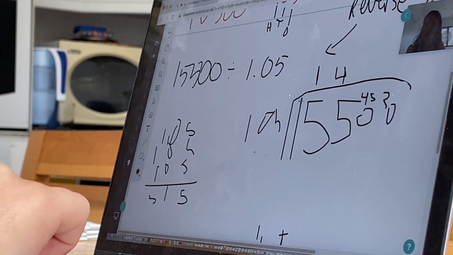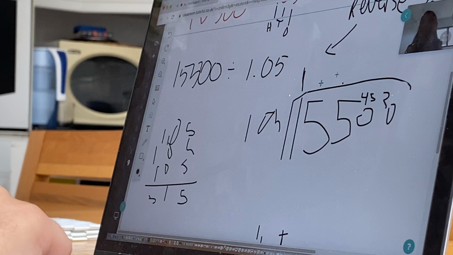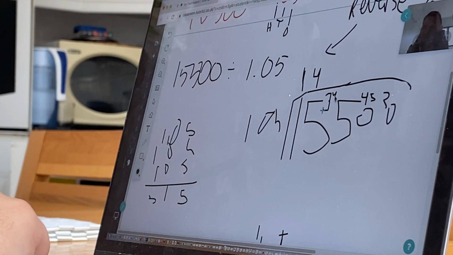The 1 should be lined up with the 1 here. The 4 should be lined up with the 5 here. I think maybe trying to do this method would be quite tricky. So 4 is lined up there. So we move the 45 over here. So now we have 35 on the remainder here.